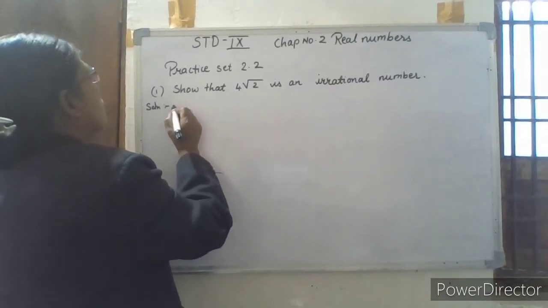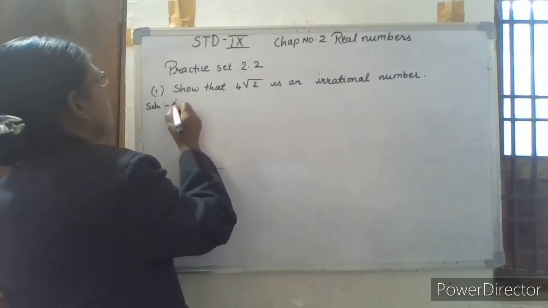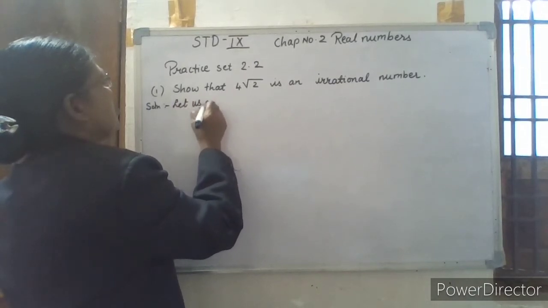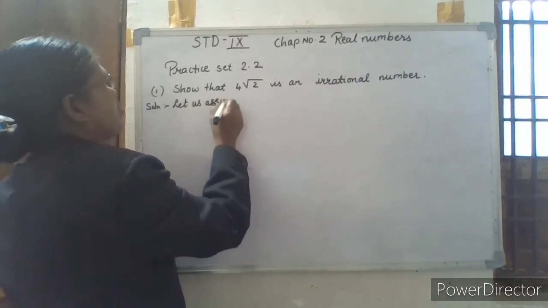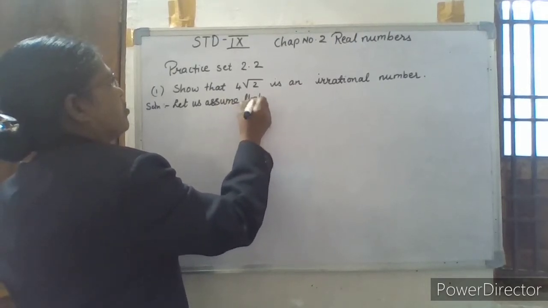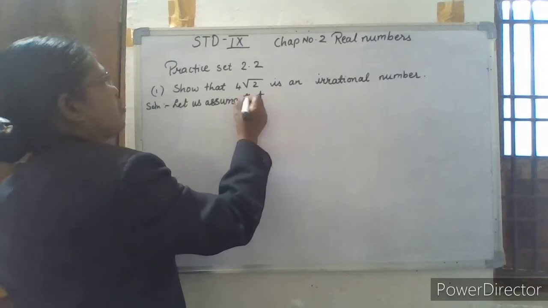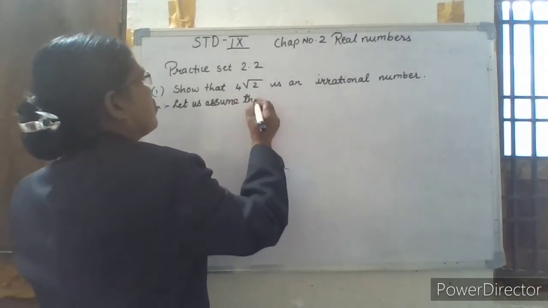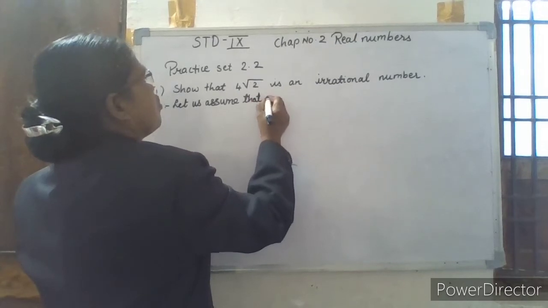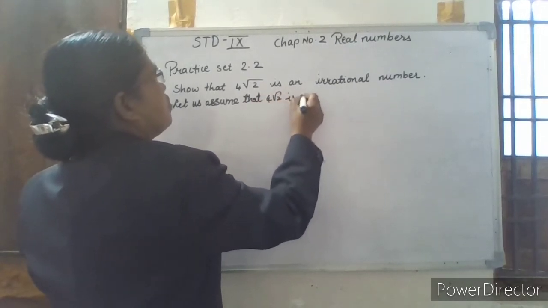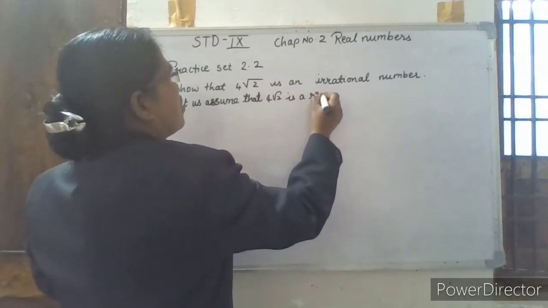So let us assume that 4 root of 2 is a rational number.